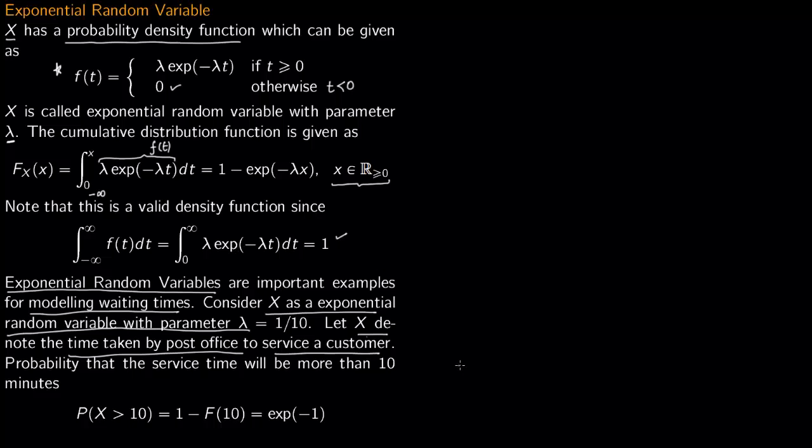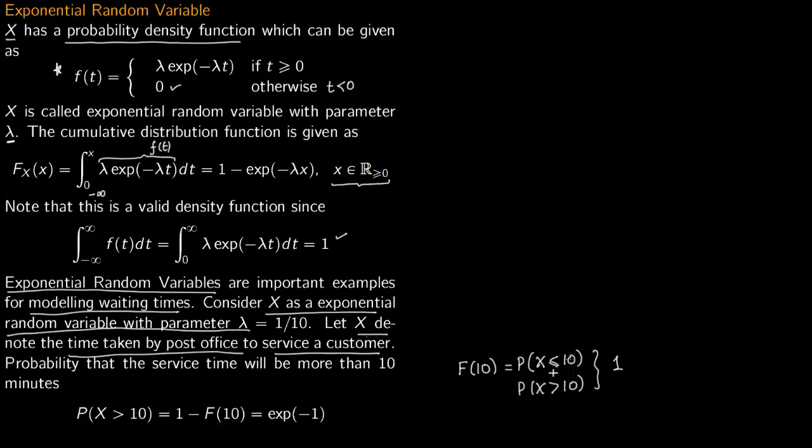Why f of 10? Because f of 10 is, by definition, the probability of x less than or equal to 10, and the probability of x less than or equal to 10 and the probability of x greater than 10 are complementary events. Either a number can be less than or equal to 10, or it can be greater than 10. If you add these two, you will get 1.